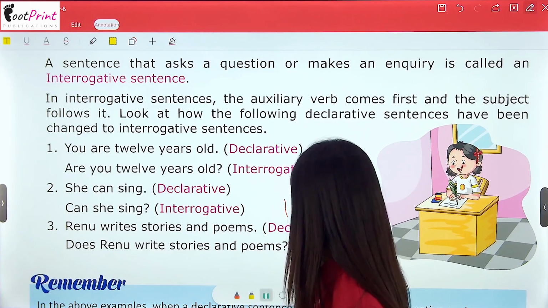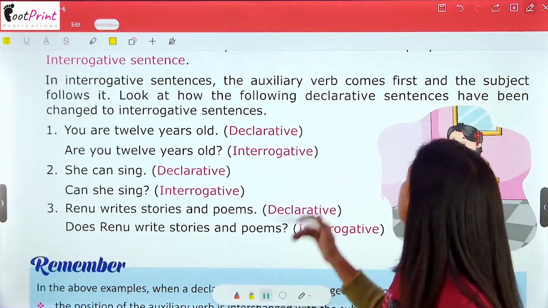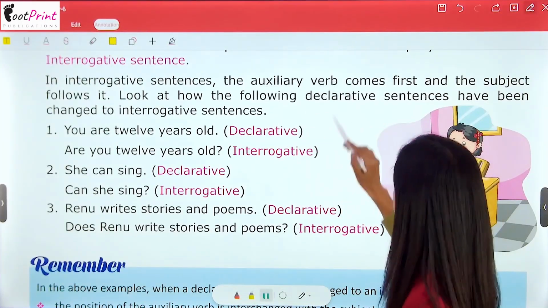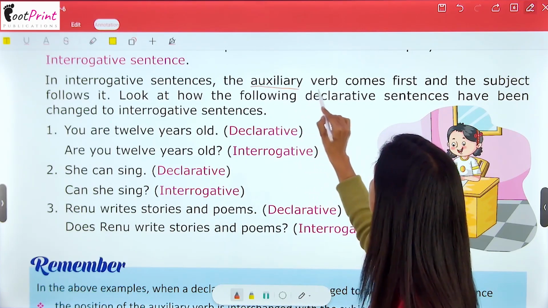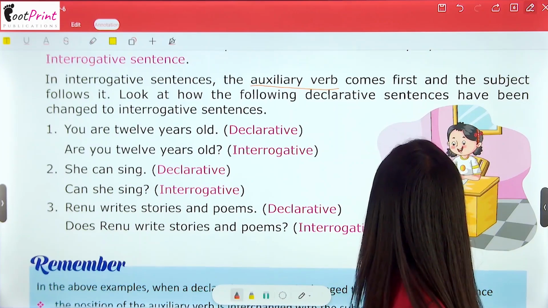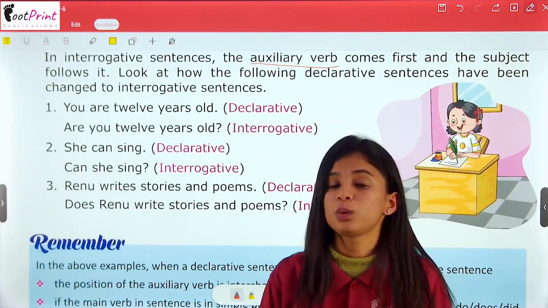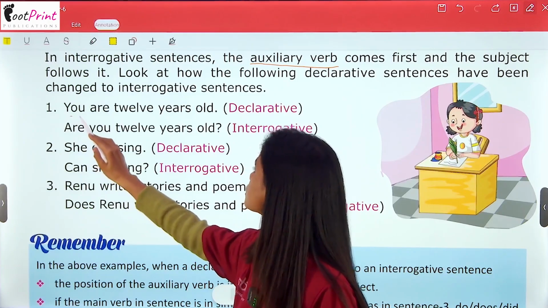In interrogative sentences, the auxiliary verb comes first, okay? This is very important for you to know that the auxiliary verb, which we also call the helping verb, will come first and the subject will follow it. So for example, we say, you are 12 years old.